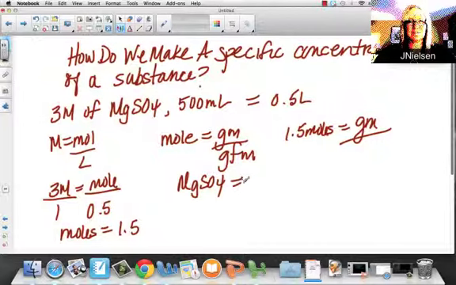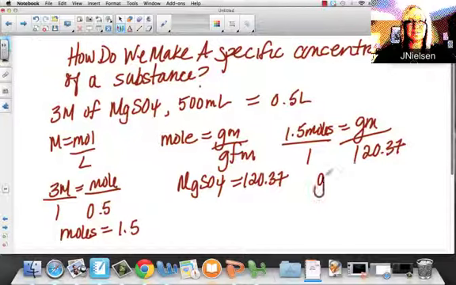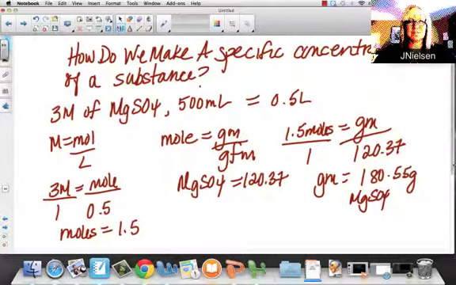So my GFM is going to be 120.37. So I solve for given mass. I'm going to multiply 120.37 times 1.5, and my given mass is 180.55 grams of MgSO4. Well, now what do I do?